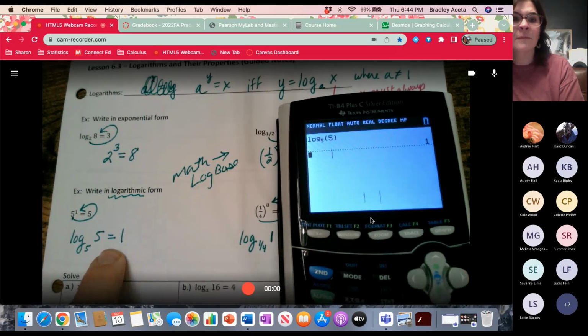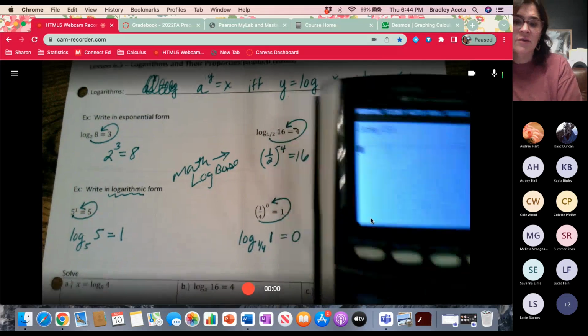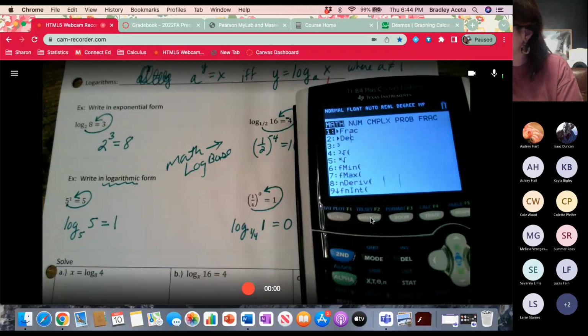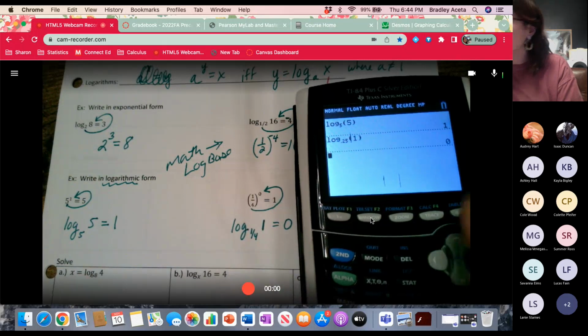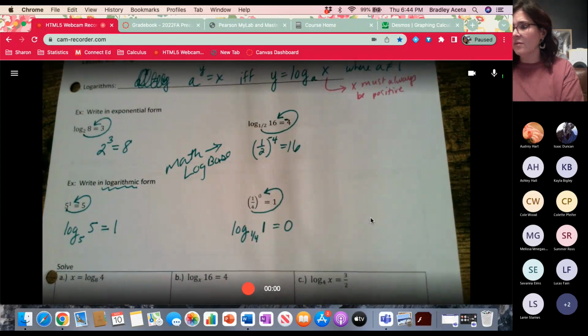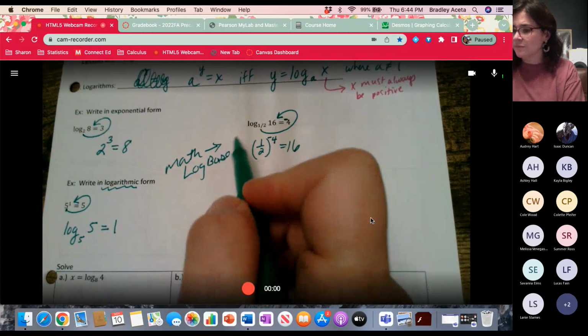It does. And so you can actually do any logs. You could do Math log base, put 0.25, which is 1/4, and put 1 right here, and it'll say 0. So the calculator will do it for you on Math log base, which is awesome.